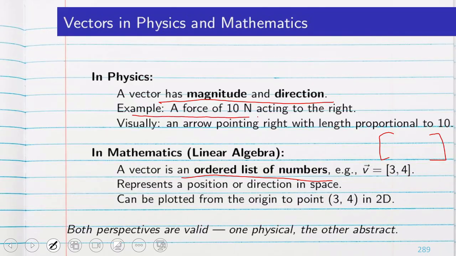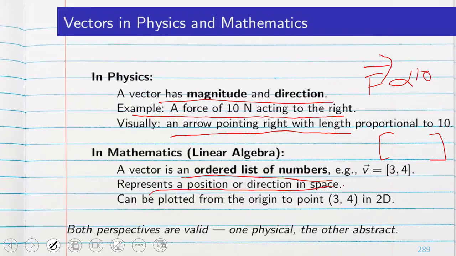An example in physics: a force of 10 Newtons acting to the right. We draw an arrow pointing like this. This is the force, and its length is proportional to 10. Here it represents position or direction in space. We can also represent an arrow like this, plotted from the origin to 3, 4.